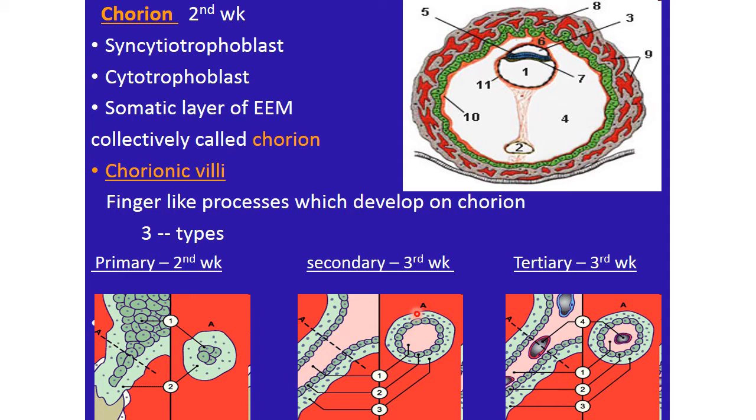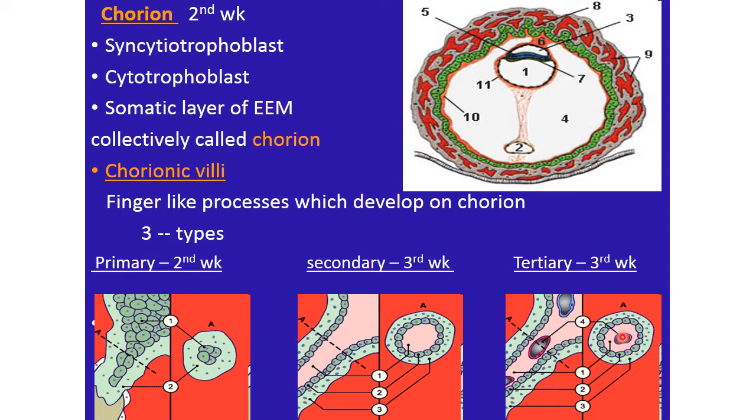And during the last part of the third week, the blood vessels also start to form in the core of the developing villi from the mesenchyme. So now if we take the cross section of those particular villi, we will see that the central part is occupied by the developed capillaries.